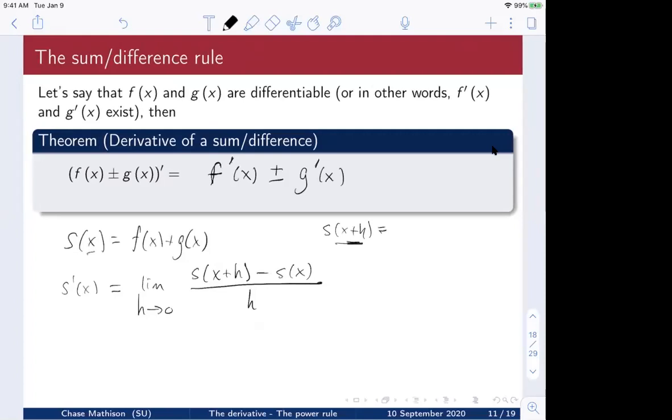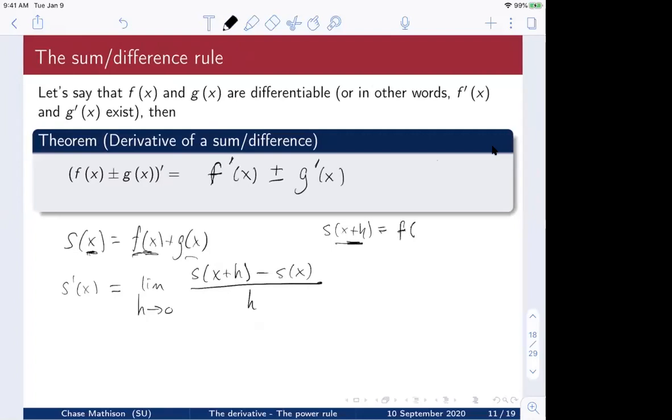This just means everywhere I see an x over here, plug in x plus h. So what do I get when I plug in x plus h into s? Careful, because we don't know how f and g behave. I want an answer in terms of f and g, not just in terms of s.